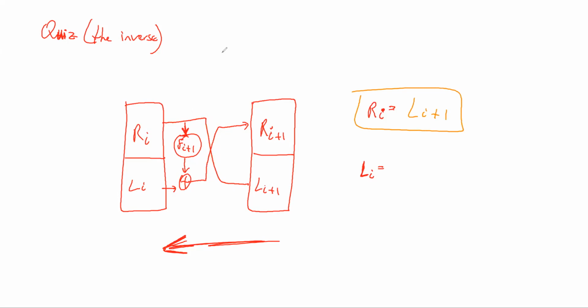To get Li, we would know from looking at this that it comes from this direction, so this involves an Ri plus 1 in some way. And to get that value Li, it means that we're going to XOR this one, Ri plus 1.